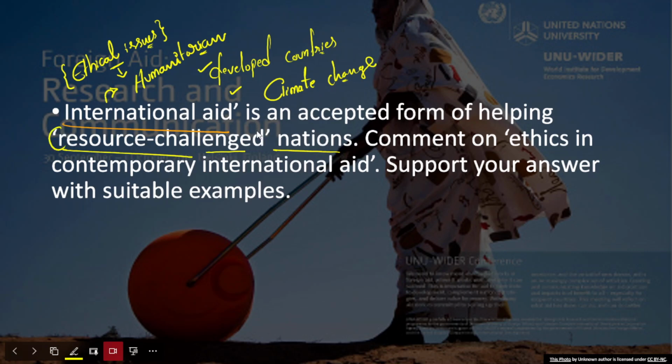Resource challenged nations are those nations which have limited resources, and along with limited resources they are also facing problems like excessive population, low levels of economic growth and development, high levels of poverty, illiteracy, malnutrition, and also the problem of internal security.